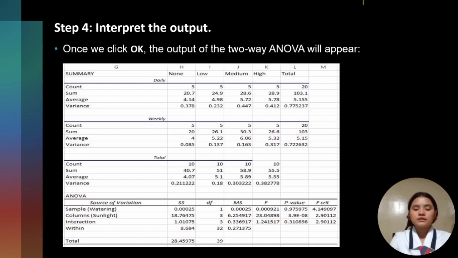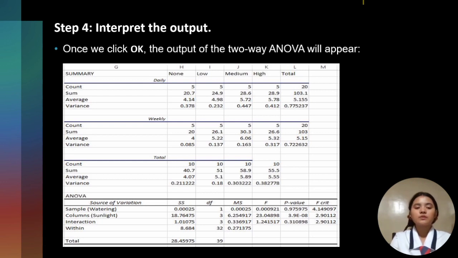This is not statistically significant at the alpha level 0.05. And the p-value for sunlight exposure was 3.9e minus 8. So this is statistically significant at alpha level 0.05.